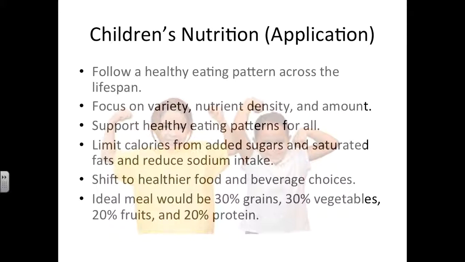We should have our children support healthy eating patterns for all. Limit calories from added sugars and saturated fats, and reduce sodium intake. Shift to healthier food and beverage choices. An ideal meal for children would be 30% grains, 30% vegetables, 20% fruits, and 20% protein.